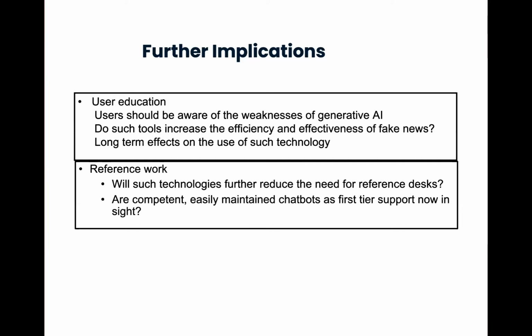Reference work, obviously, it's easy to predict, right? The number of reference queries has been falling. I think this might be the final nail in the coffin. Because people gravitate to whatever is convenient and a good enough accuracy rate, right? So people have been using Google, people are using Wikipedia, and only if Google and Wikipedia don't satisfy them, they will ask a librarian.